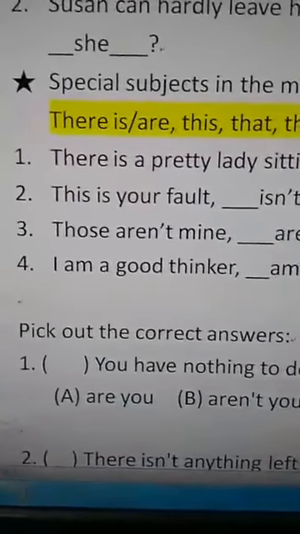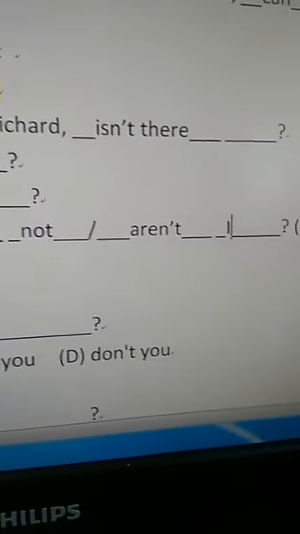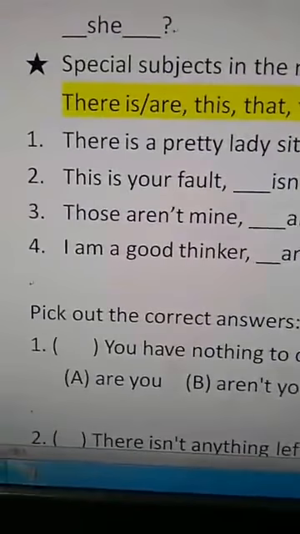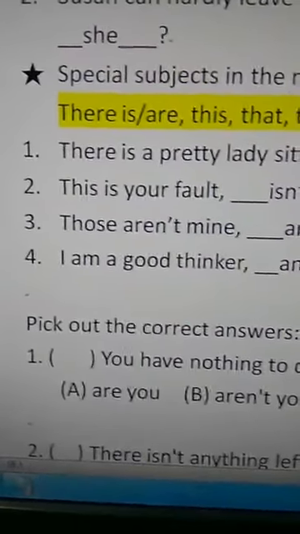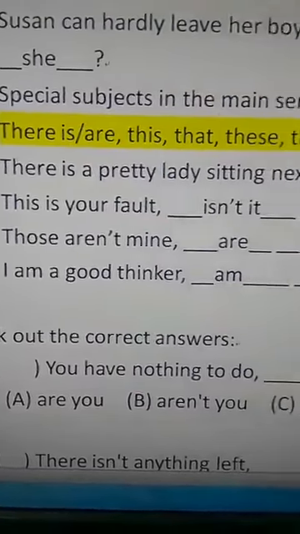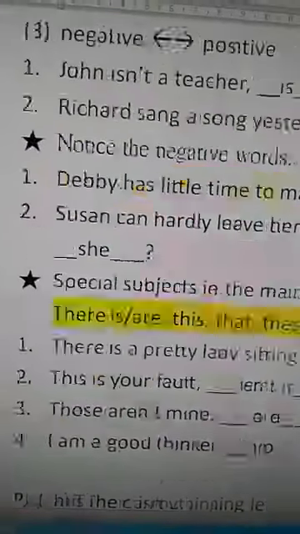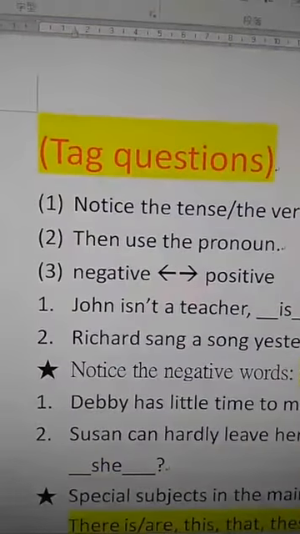I am a good thinker, am I not? Or amn't I? Some people will forget about this, okay? So this is very important. So that's the way we use tag questions, okay?